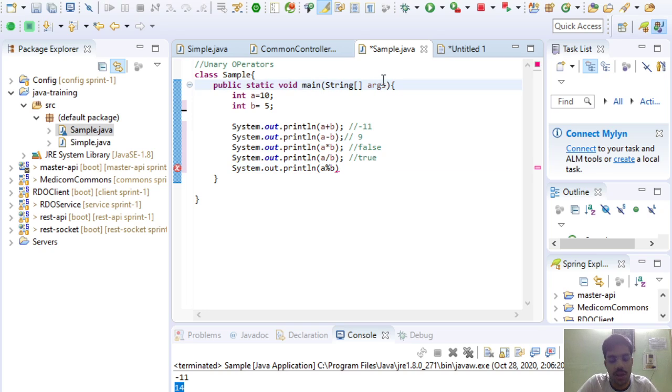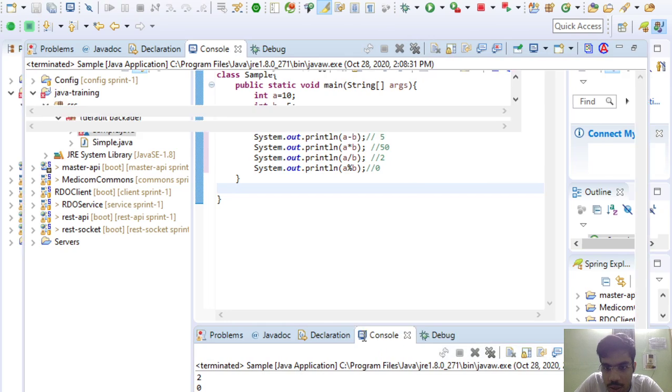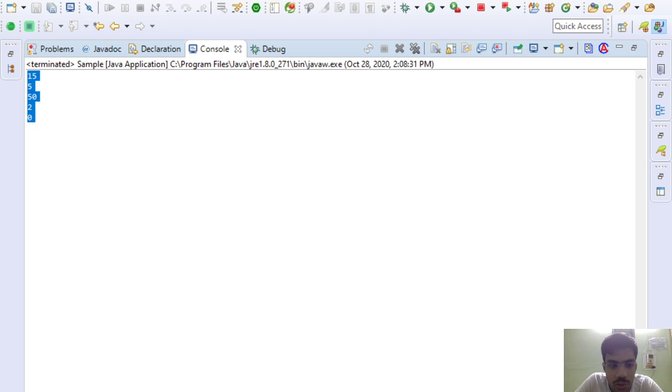Here, a plus b is 15, a minus b is 5, a star b is 50, 5 into 10 is 50. A by b is 2, and what will be the output for the modulus? 0. If we divide 10 by 5, we get a remainder of 0. Let me execute it. Okay, as expected we got the same output.